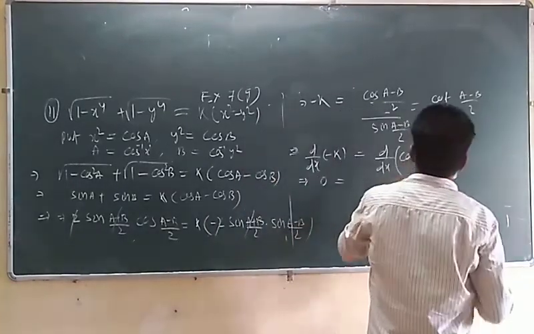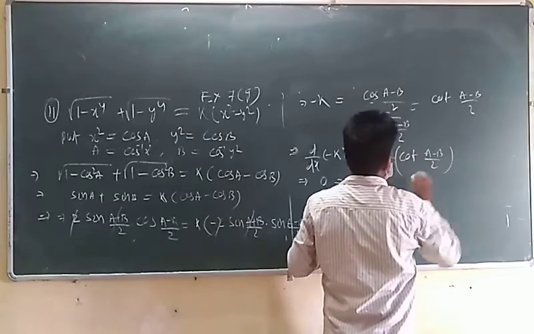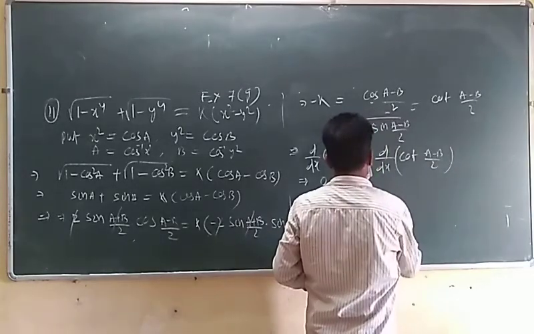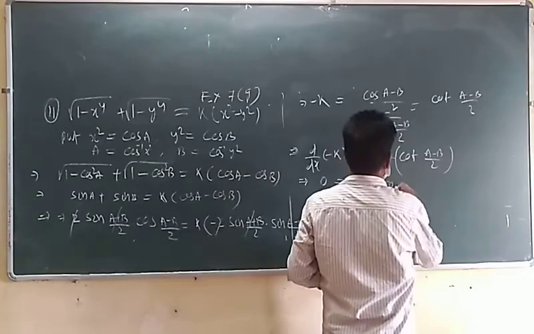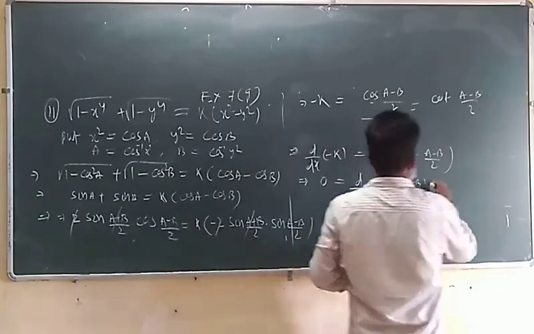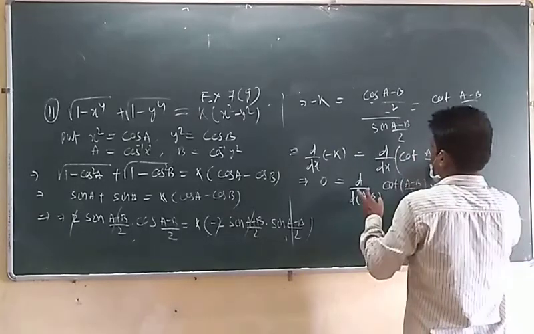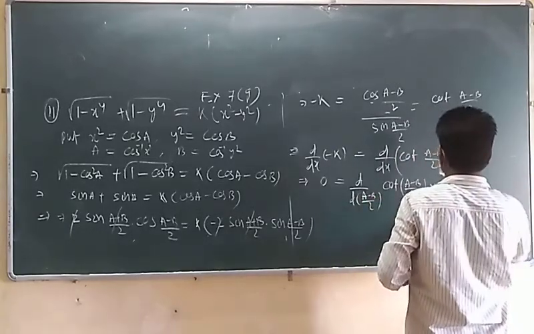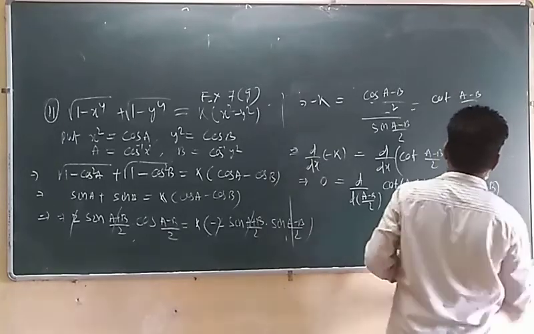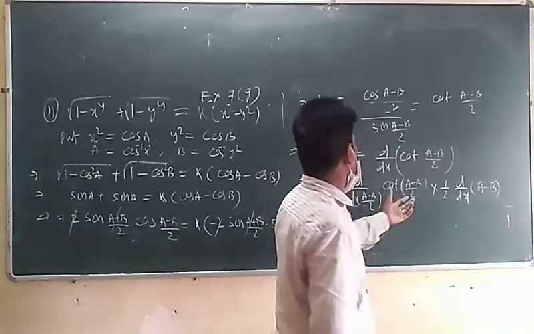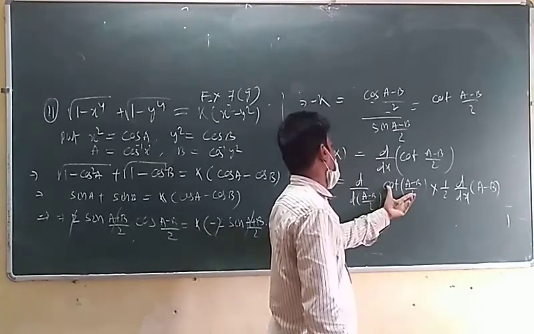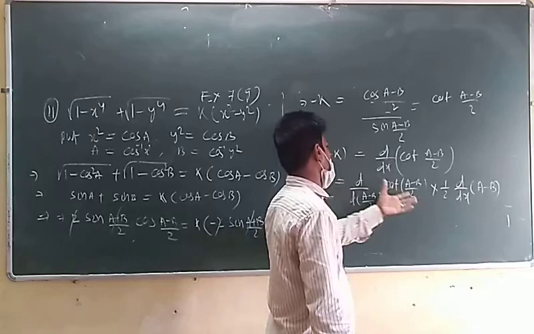So d by dx, using chain rule, taking (A minus B)/2 as t, d by dt of cot t into d by dx of (A minus B)/2. Now that part is multiplied, and the derivative of the constant is 0, so 0 by something is equal to 0.